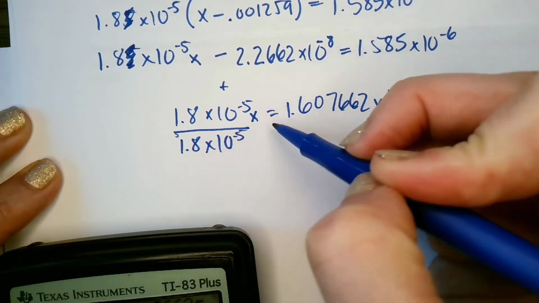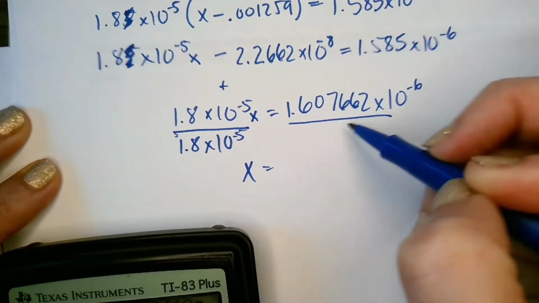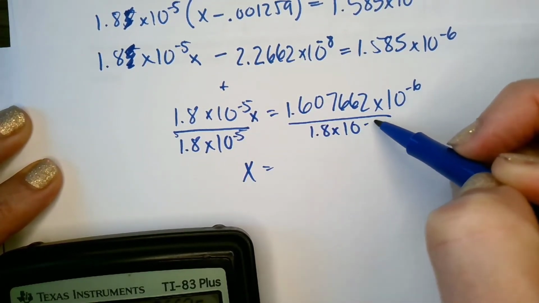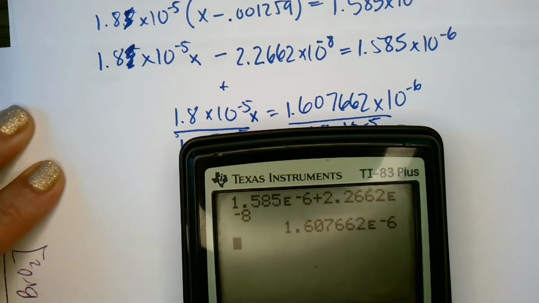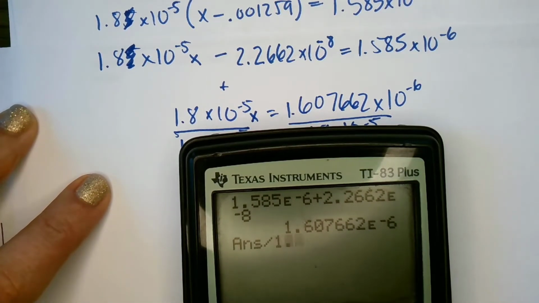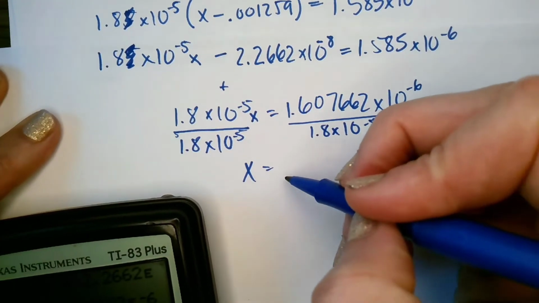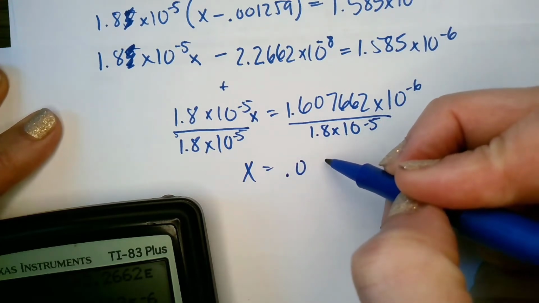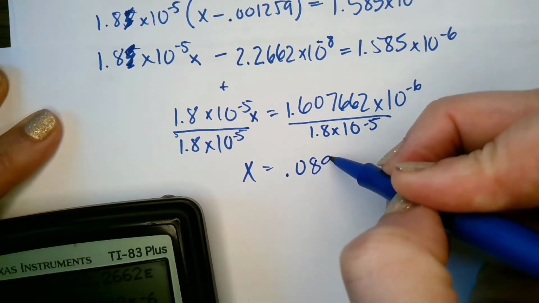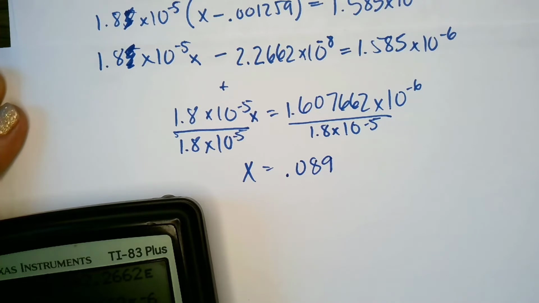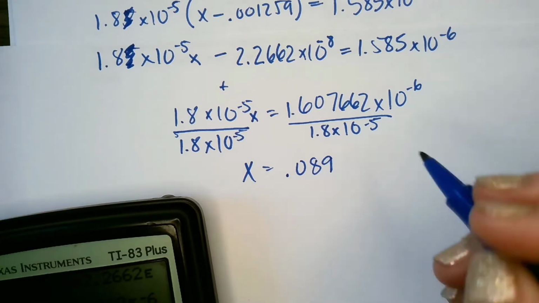And then in order to get x by itself, we need to divide both sides by 1.8 times 10 to the negative 5th. So divide that answer by 1.8 times 10 to the negative 5th, and I should get x equals 0.089.